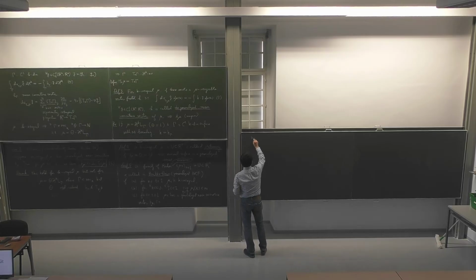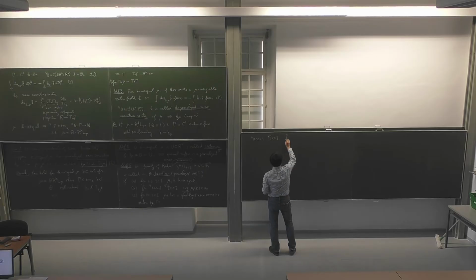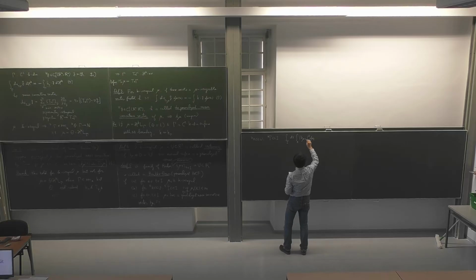For any compactly supported K and any time interval, the integral over time of the integral over K of the squared norm of h mu t, d mu t, is finite.